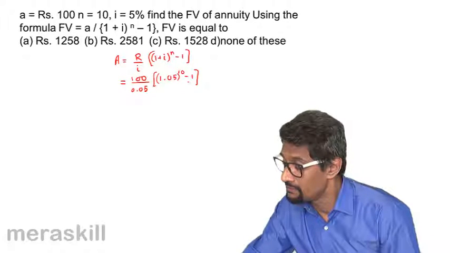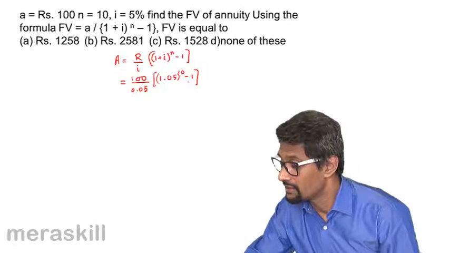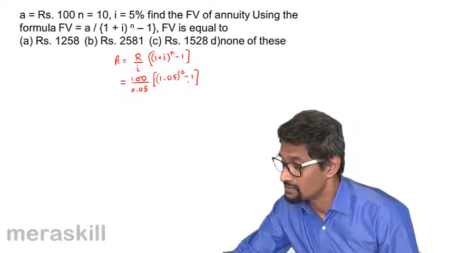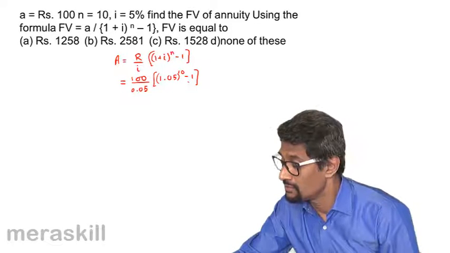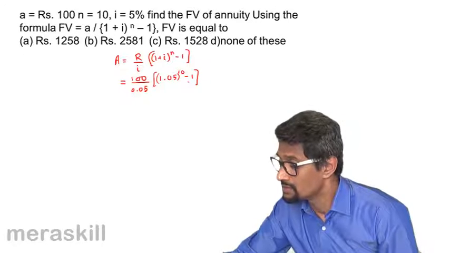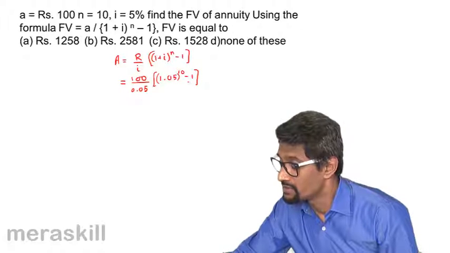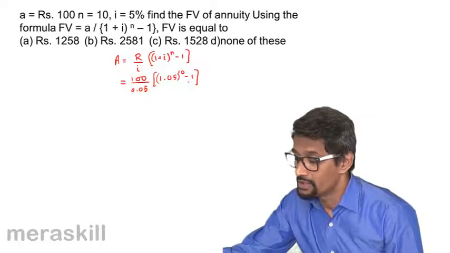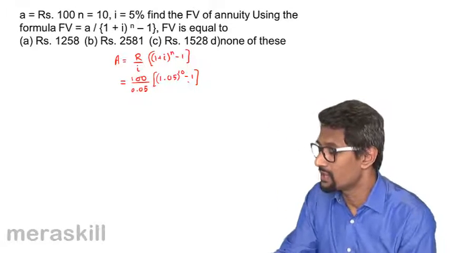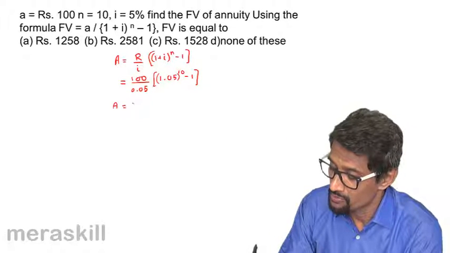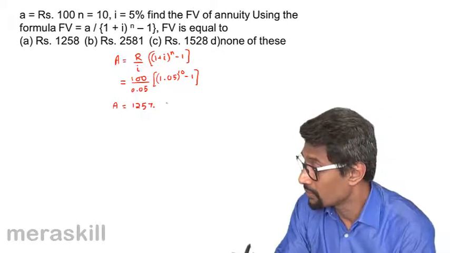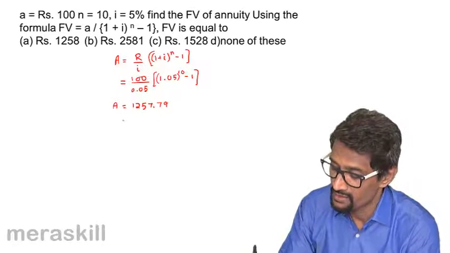So we have 1.05 to the power 10 minus 1 into, it turns out to be 1257.79 paise, which is roughly 1258.